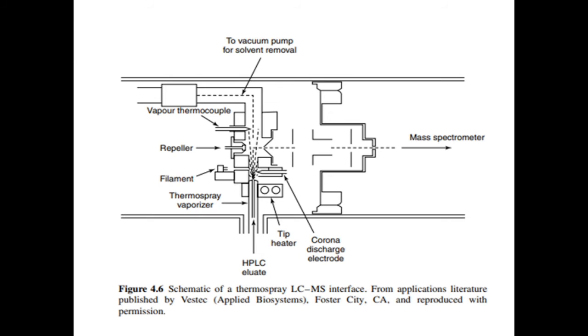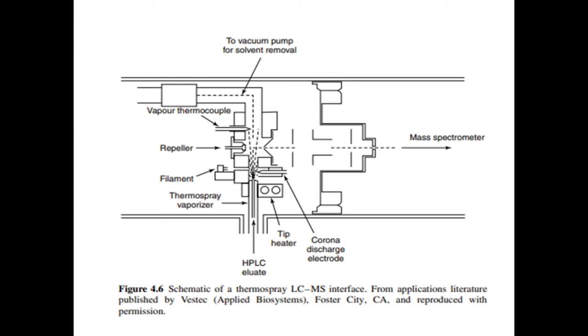In true thermospray, charging of the droplet is due to the presence of a buffer in the mobile phase. Both positively and negatively charged droplets are formed due to the statistical fluctuation in anion and cation density occurring when the liquid stream is disrupted.